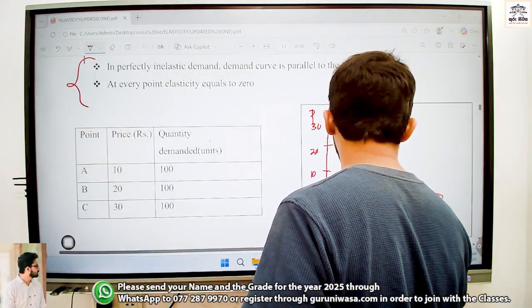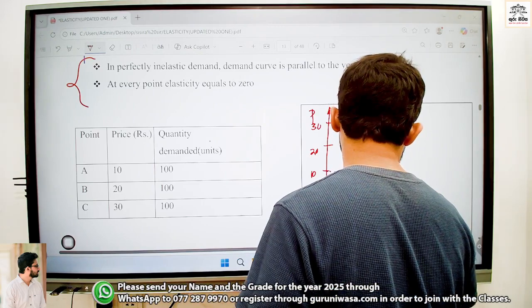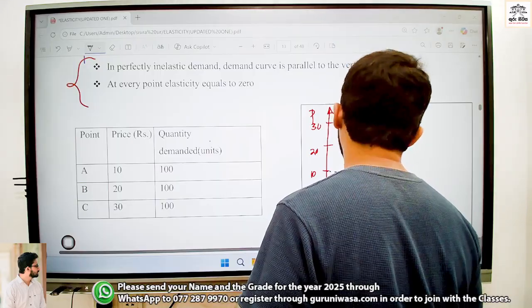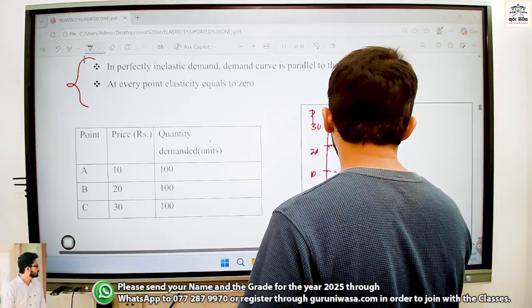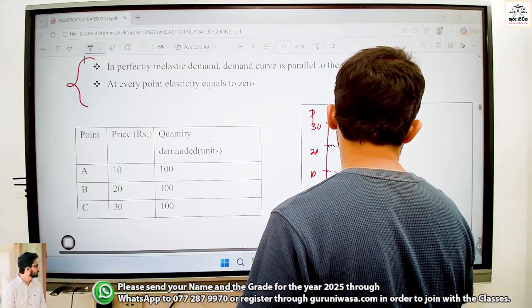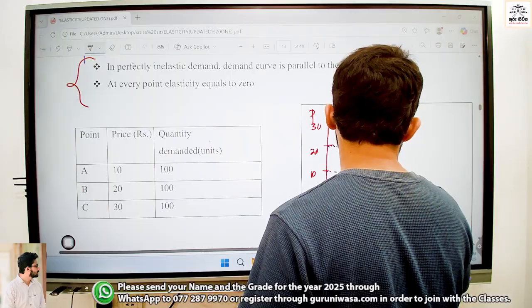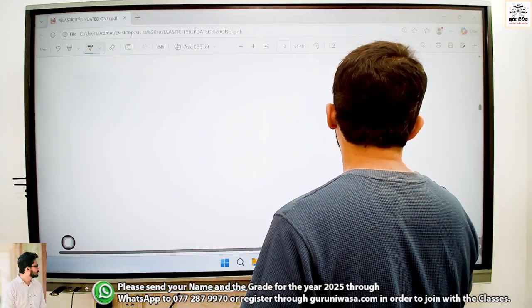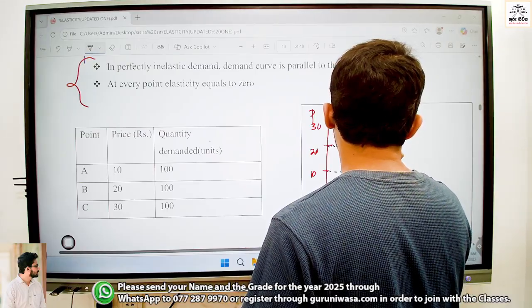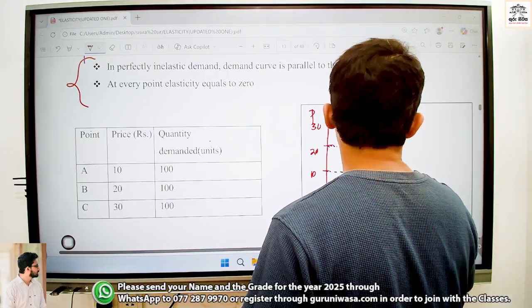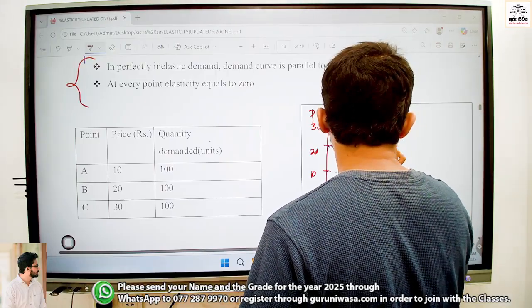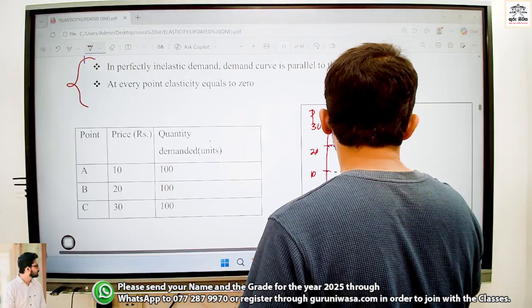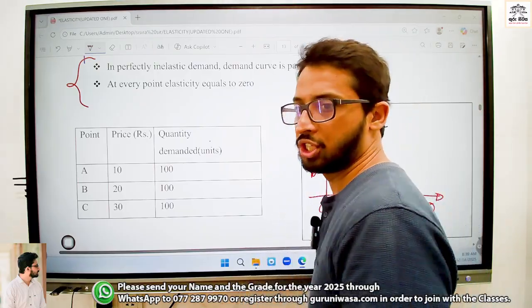At price 20, again demand is 100. No responsiveness. At price 30, demand is again 100. Here this is your demand curve. It has a different shape.